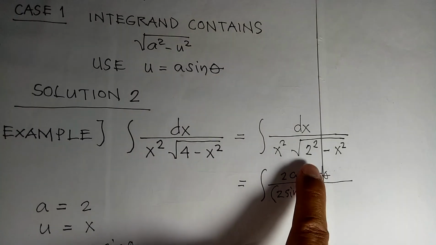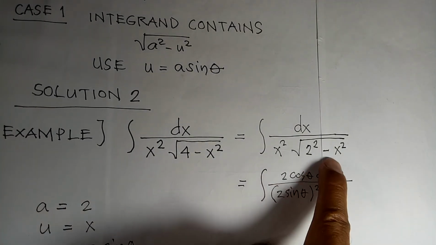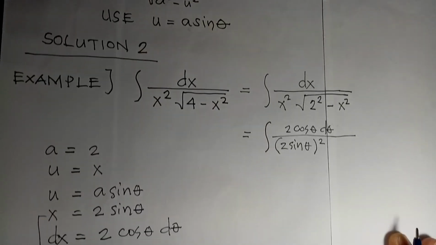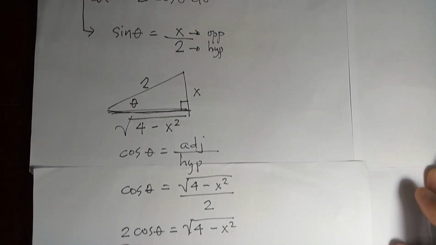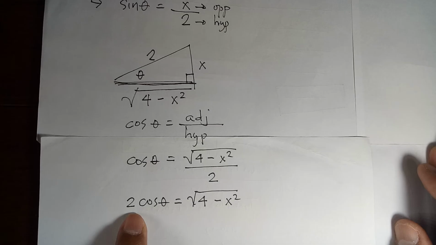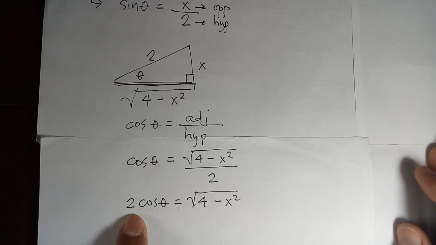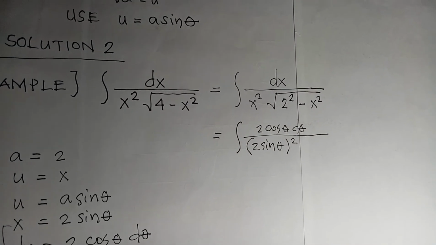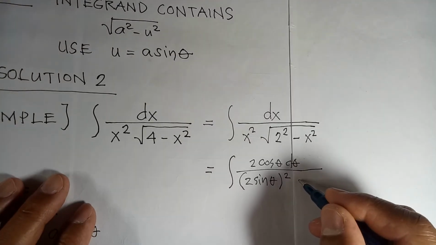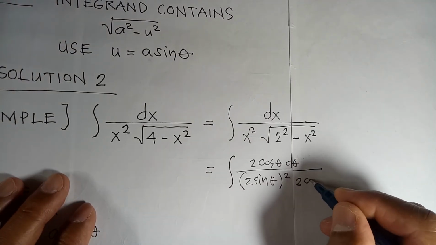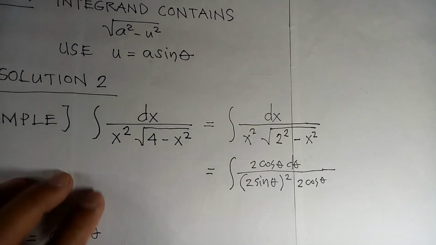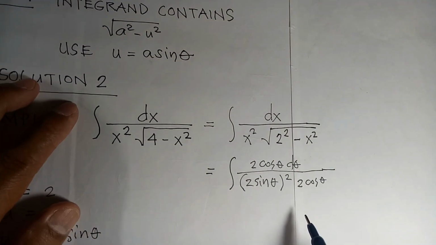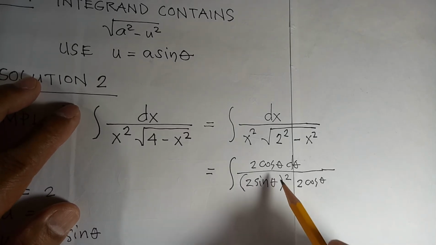Okay. Tapos, yung square root of 4 minus x squared ay equals sa 2 cosine of theta. So, papalitan natin siya ng 2 cosine of theta. So, cancel ngayon ang 2 cosine theta. So, cancelin natin.